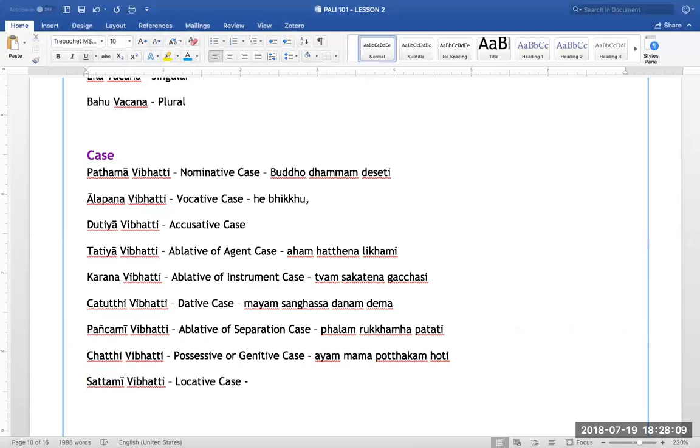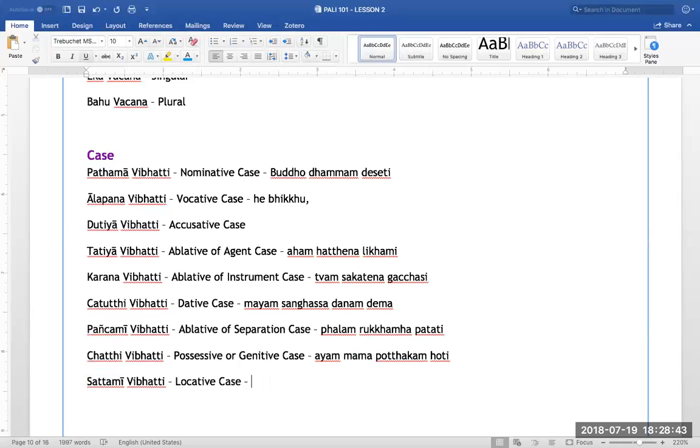And in English, we have certain prepositions like in, on, at, something like that. So we use them for location, right? So when we use such things for nouns, that means when we use for locations, we use Saptami Vibhakti.